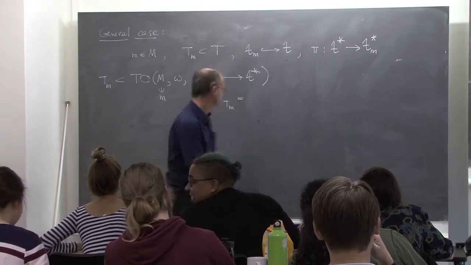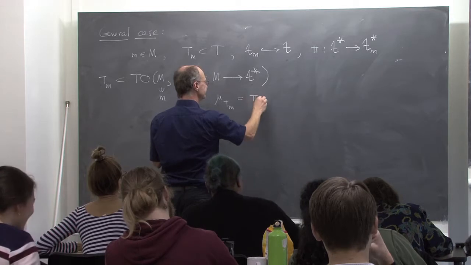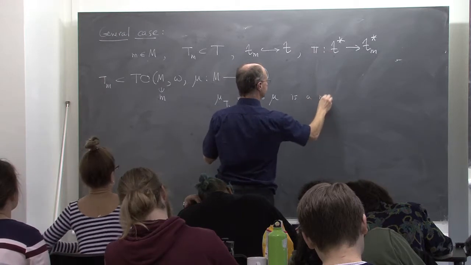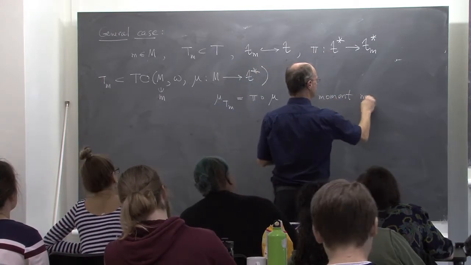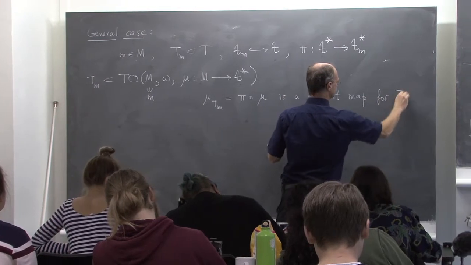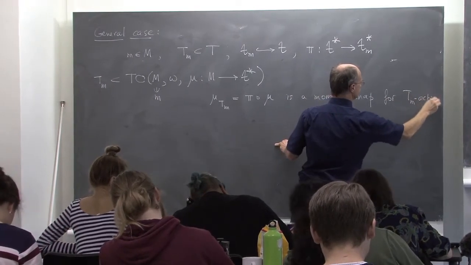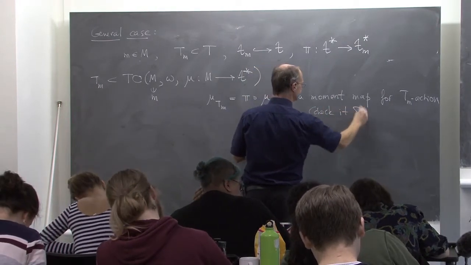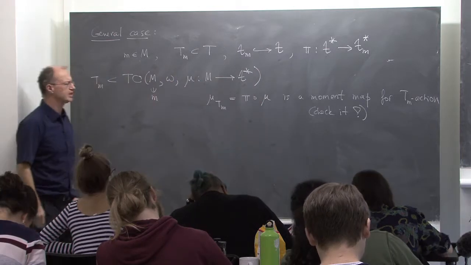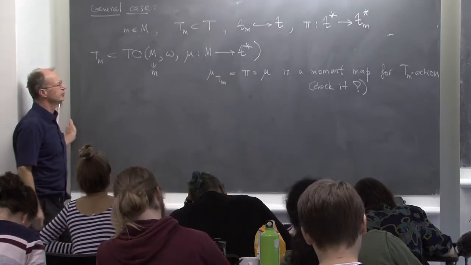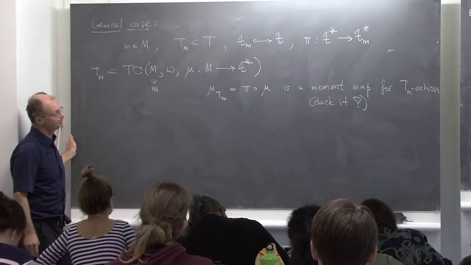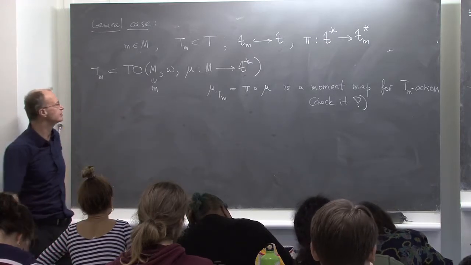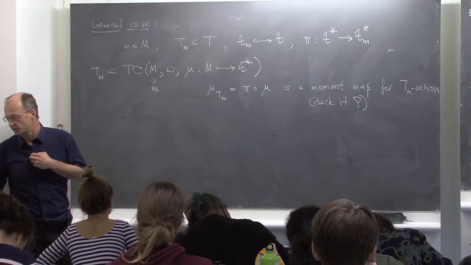Right? So it's a moment map for the Tm action. So that's basically the same type of arguments that we've already seen several times. So go check it. This projection composed with a moment map gives you the moment map for the Tm action.